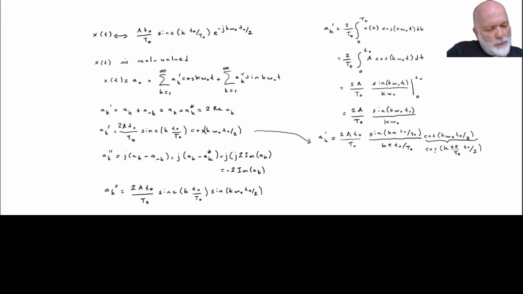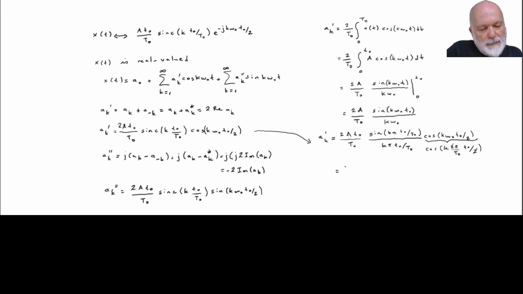So these two terms will cancel out. We have cosine k pi t0 over capital T0 multiplied by sine k pi t0 over capital T0, so this is by using a trigonometric identity.